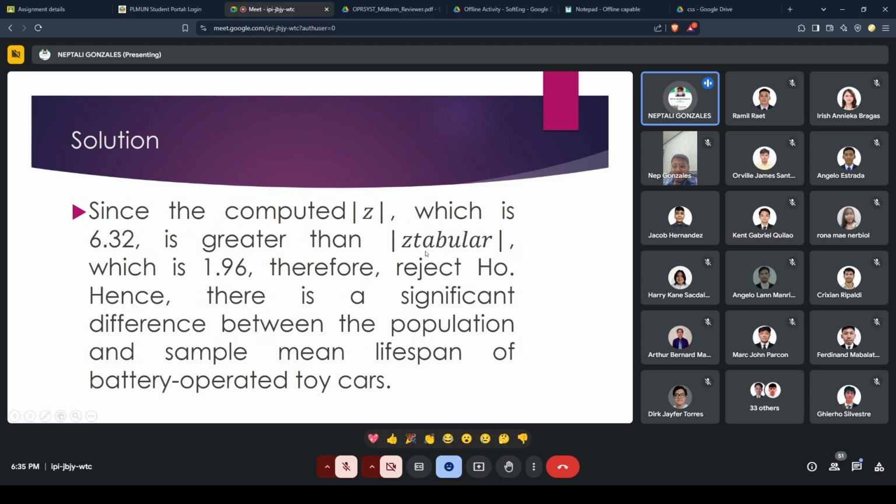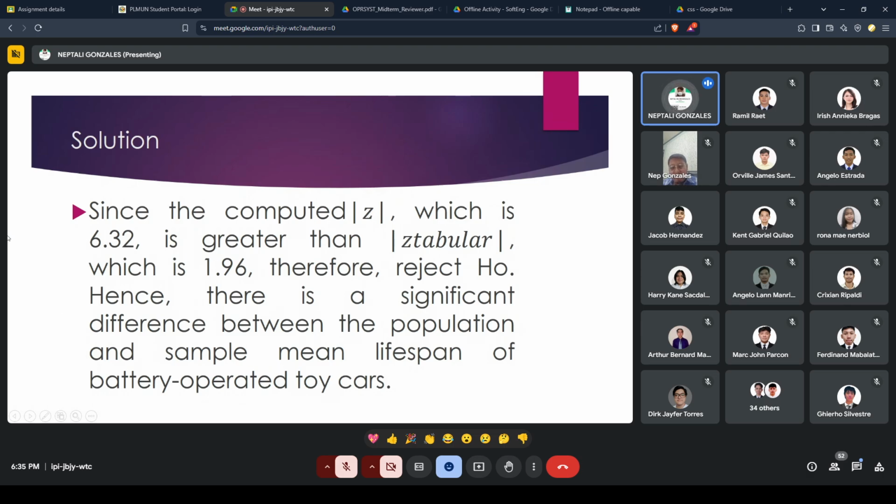Therefore, we are going to reject the null hypothesis. Hence, there is a significant difference between the population and sample mean lifespan of battery-operated toy cars.